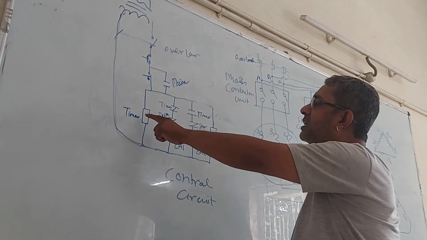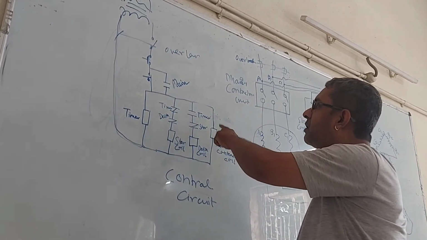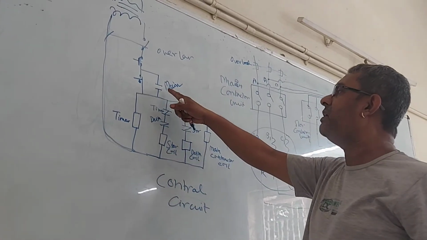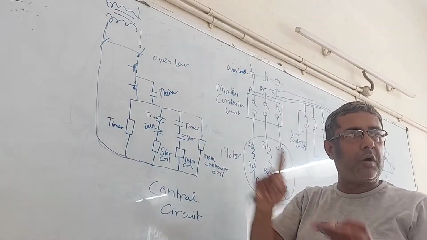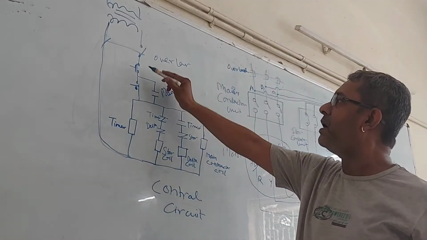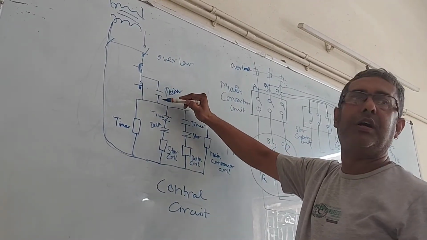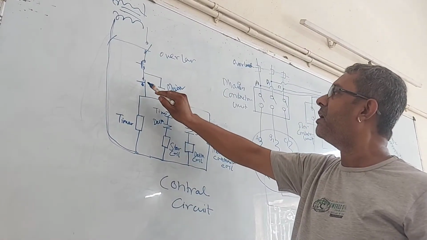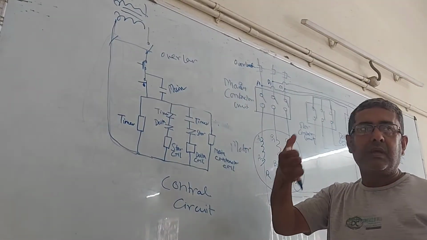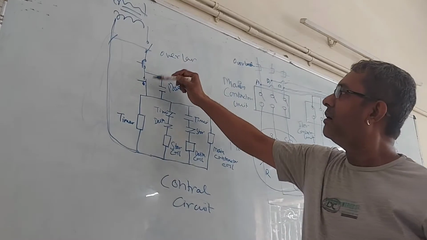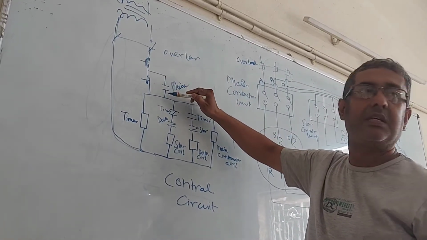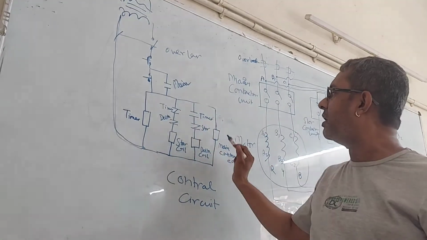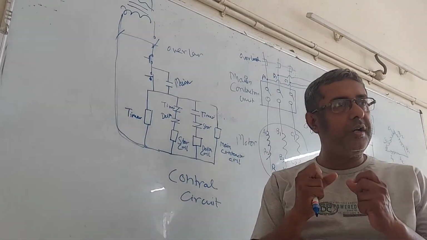When current is flowing through the main contactor coil, the main contactor unit's NO contact will be converted into NC. Then when I leave this start switch, the current will not be disconnected. The current will flow through this path as the main contactor unit has already held.